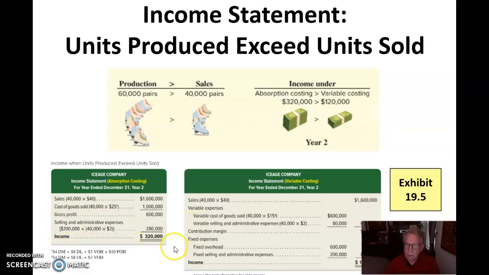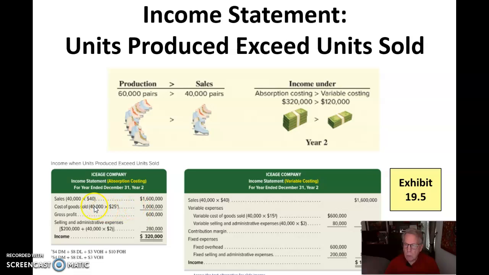Now here, we're going to sell only 40,000 units. So that's 1.6 million, same as variable costing.